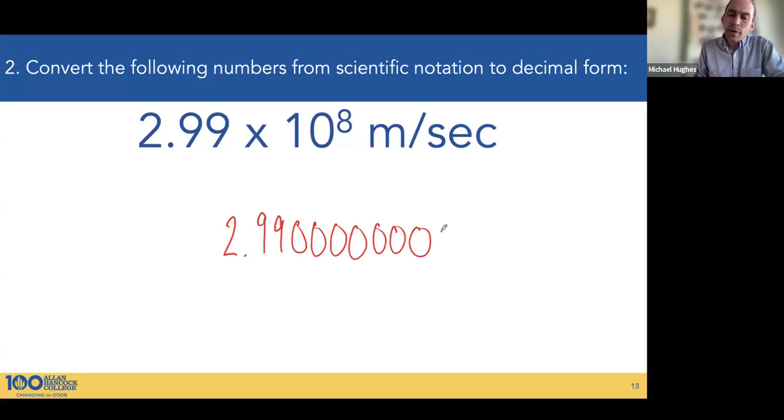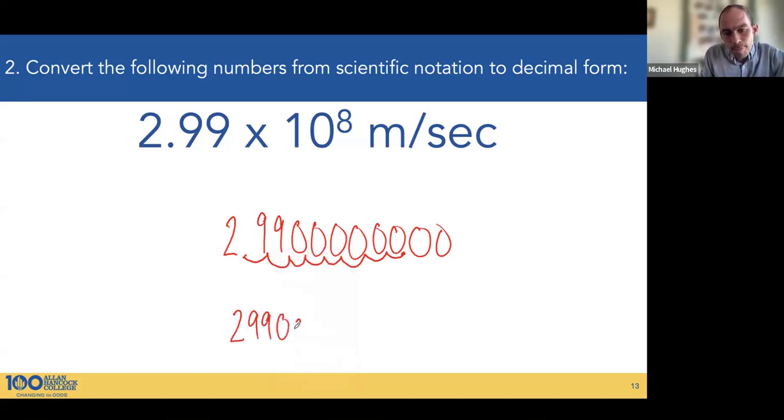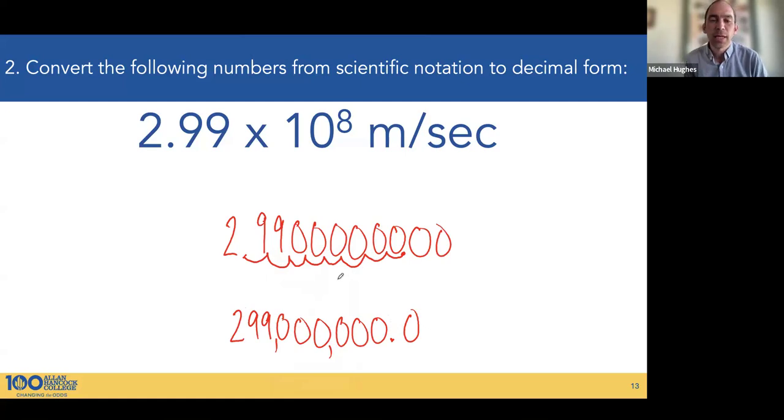And let's start moving: 1, 2, 3, 4, 5, 6, 7, 8. They didn't need that last one. So 299 million meters per second.